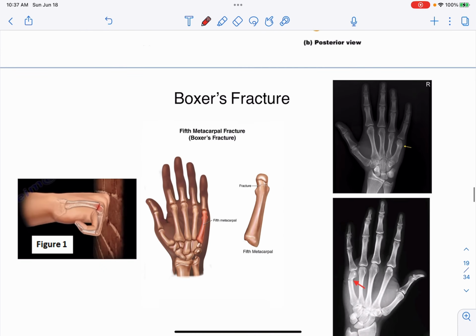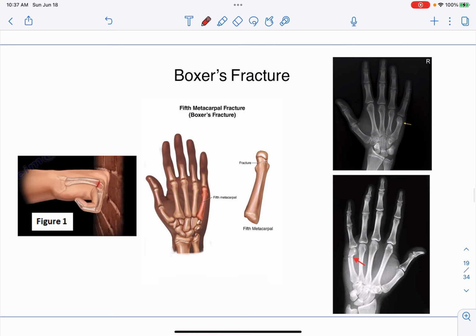All right, let's talk about Boxer's fracture. Boxer's fracture is very common clinically, especially in the ER. According to martial arts, there are correct ways to throw a punch and there are incorrect ways to throw a punch.